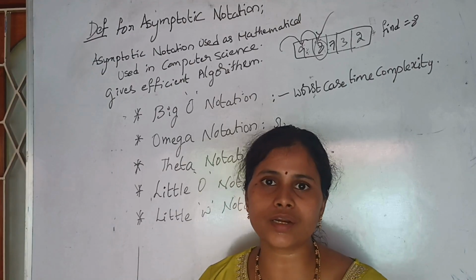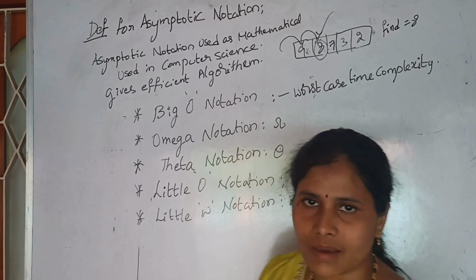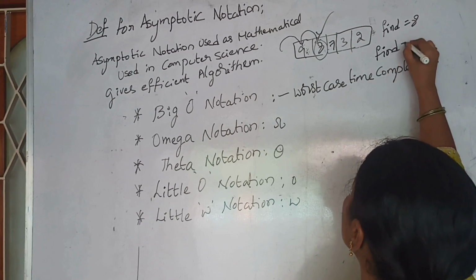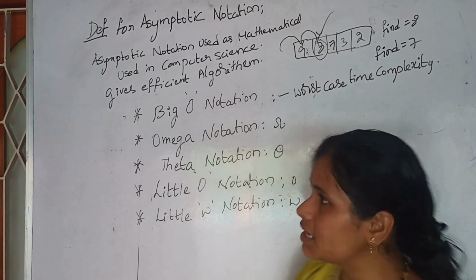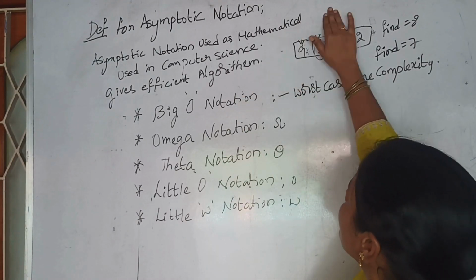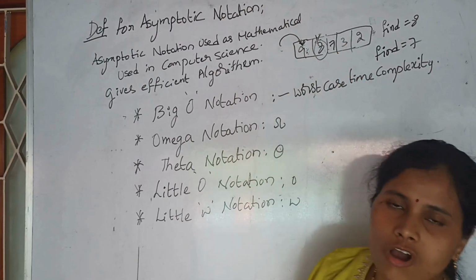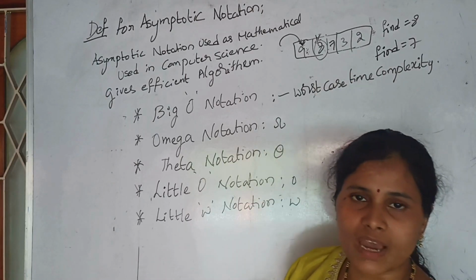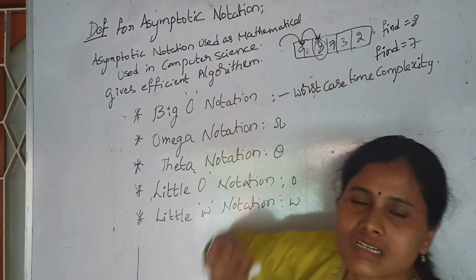When I come to the average case time complexity, let me give one example. Here my finding value is 7. The compiler again starts its journey, searching in the first block. It's not matching, and the compiler moves towards the second block.